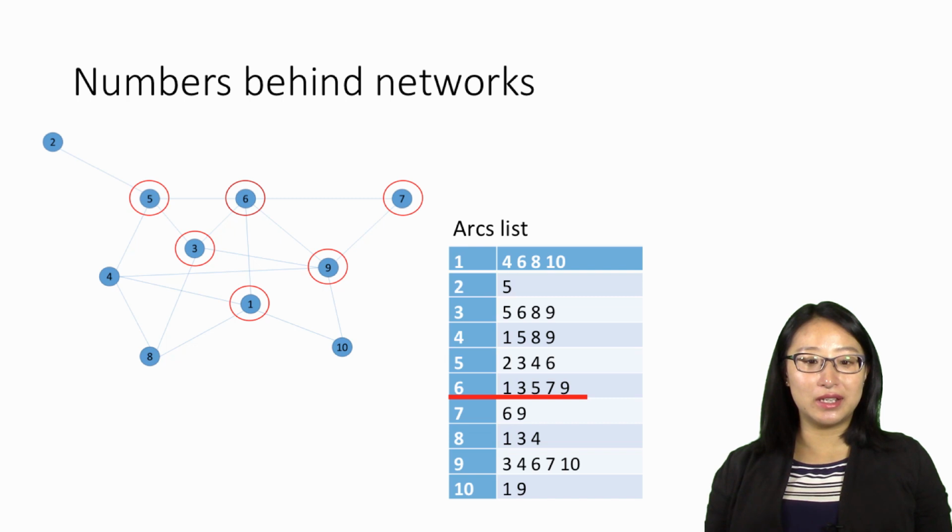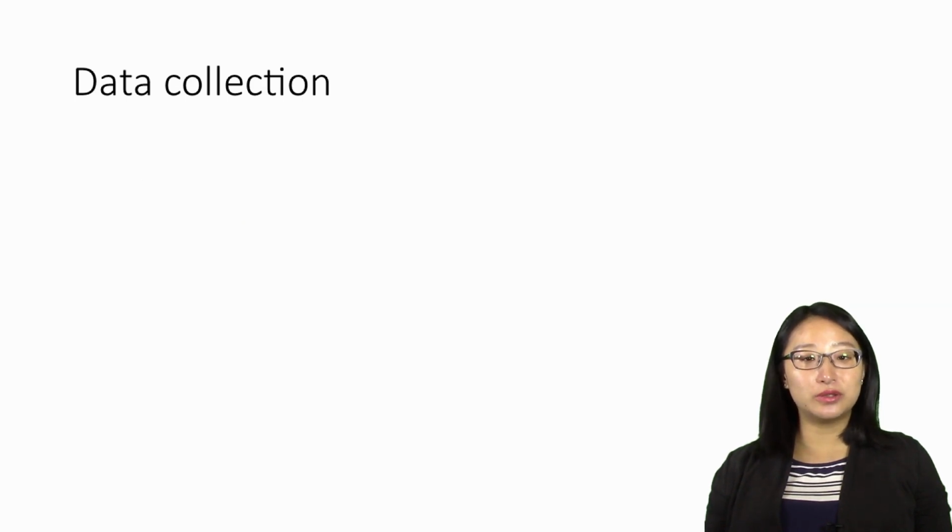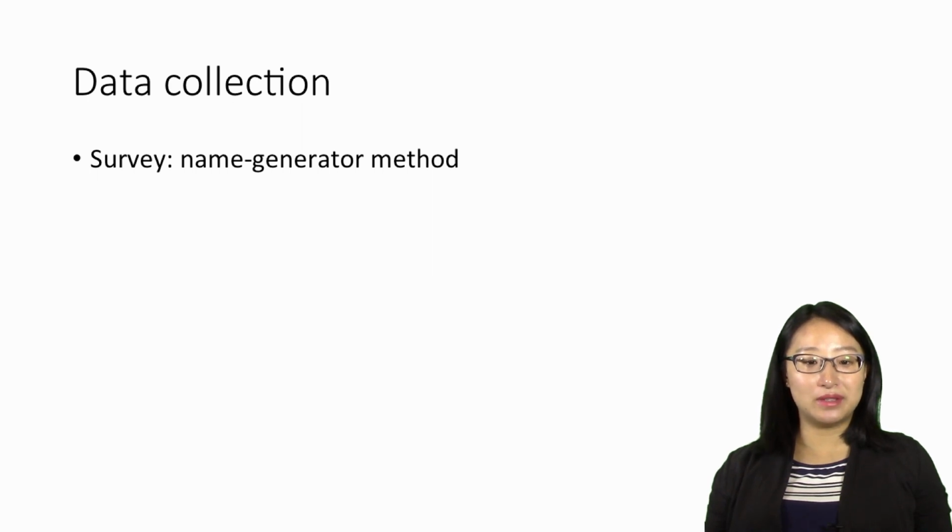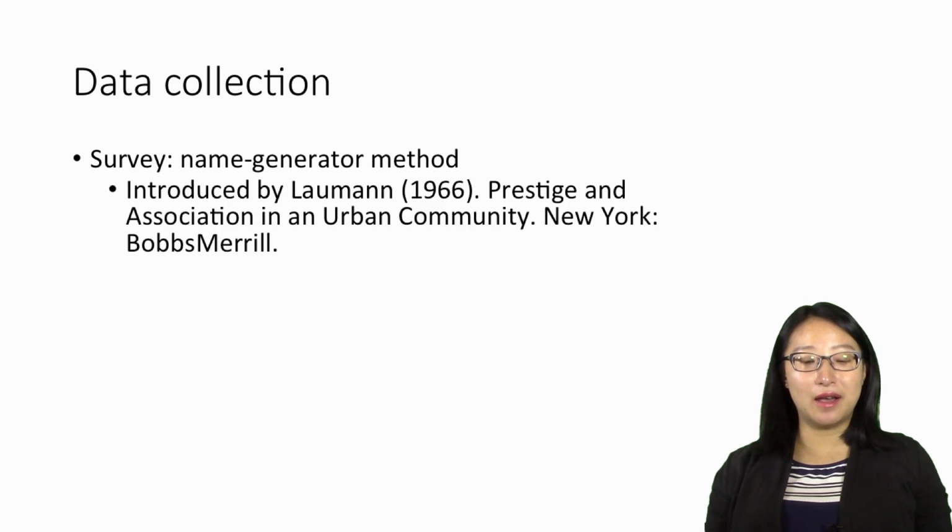As we reviewed in the last session, there are two types of social networks: egocentric network and global network. To collect data on social networks, we can employ survey methods and ask individuals to report their social connections to us. This is often called the name generator method, introduced by Lohmann in 1966.